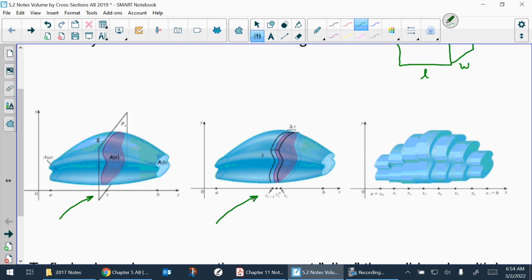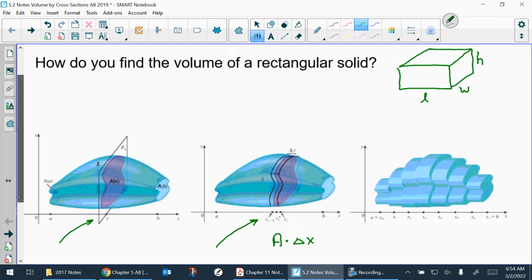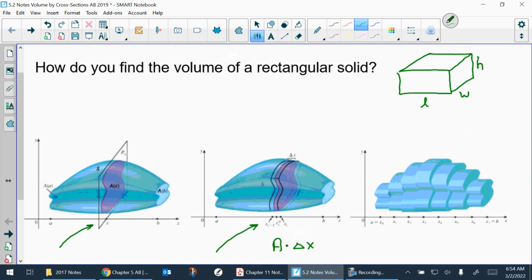And if we can find the area of that slice of bread and multiply it by the thickness of the slice of bread, which they call delta x, an area, kind of like we did up here, where to find the volume of this box, when we took the length times the width, we really found the area of the bottom.